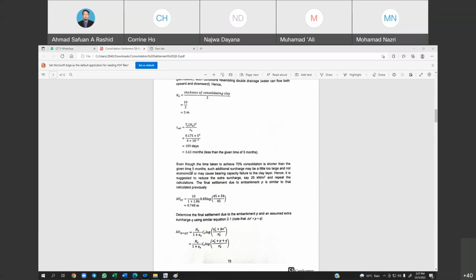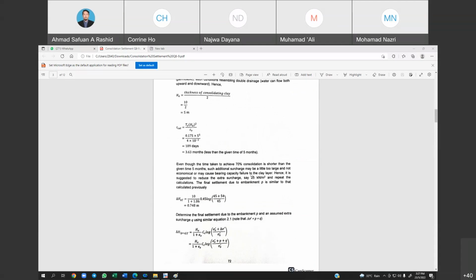Sebab dia kata kalau even though the time taken for 70% is shorter than the given time, such additional surcharge may be a little too large and not economical or may cause bearing capacity failure.